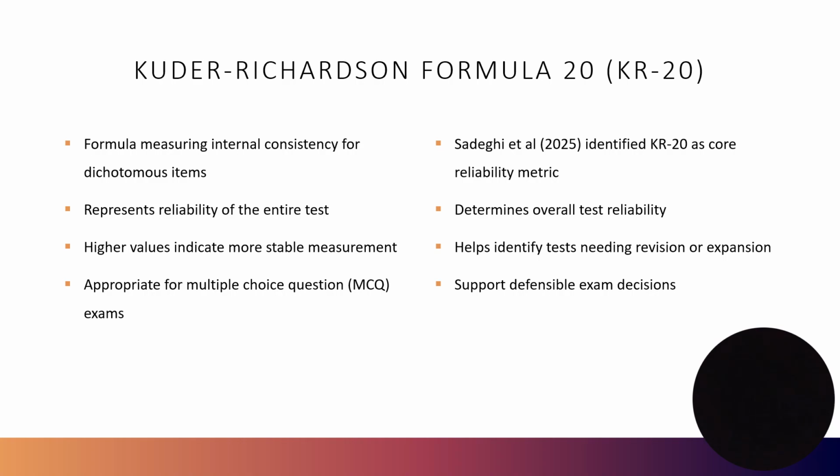If reliability is low, we must investigate whether the items are too easy, too difficult, or not aligned with the learning objectives. The KR21 is a simplified version that is used when the difficulty of all items on the test is equal. The score is usually lower than that of the KR20 since it makes a more conservative estimate.